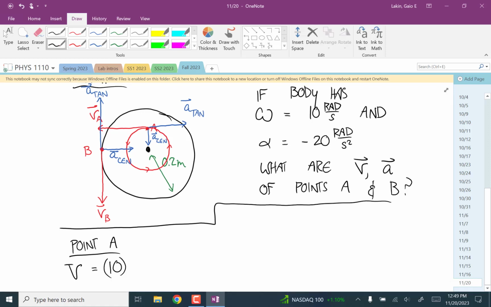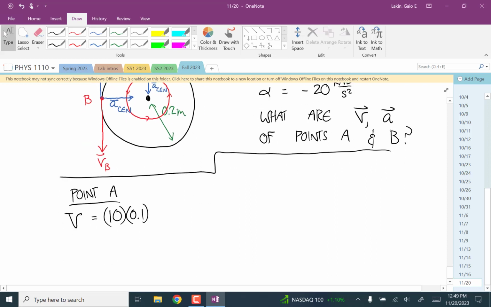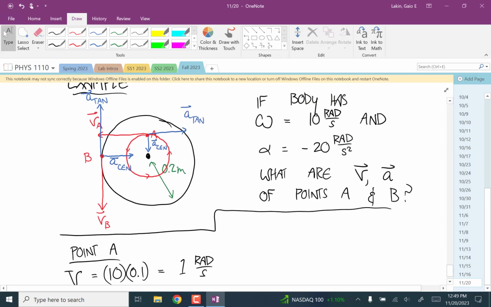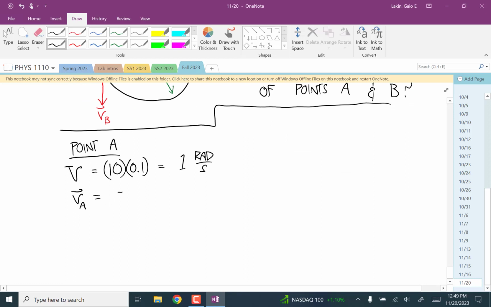Yep. So the speed is 1 radian per second. The velocity vector of the point A is in the negative x direction. So this is negative 1, 0.